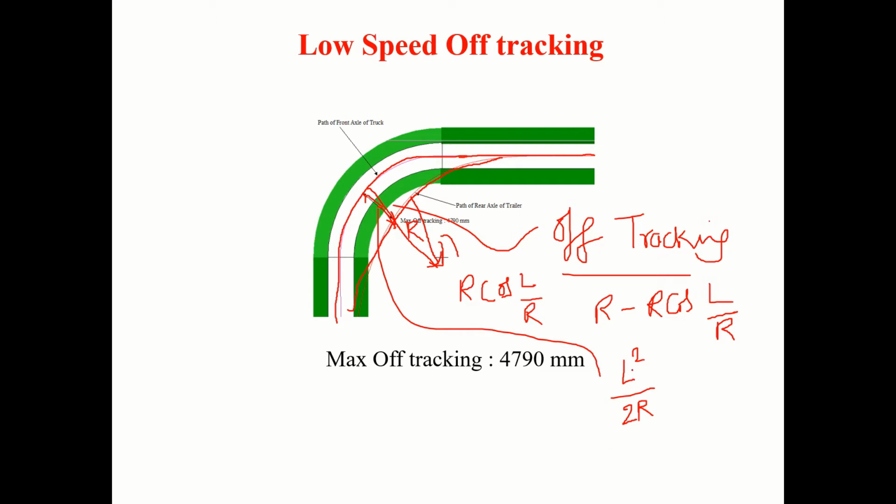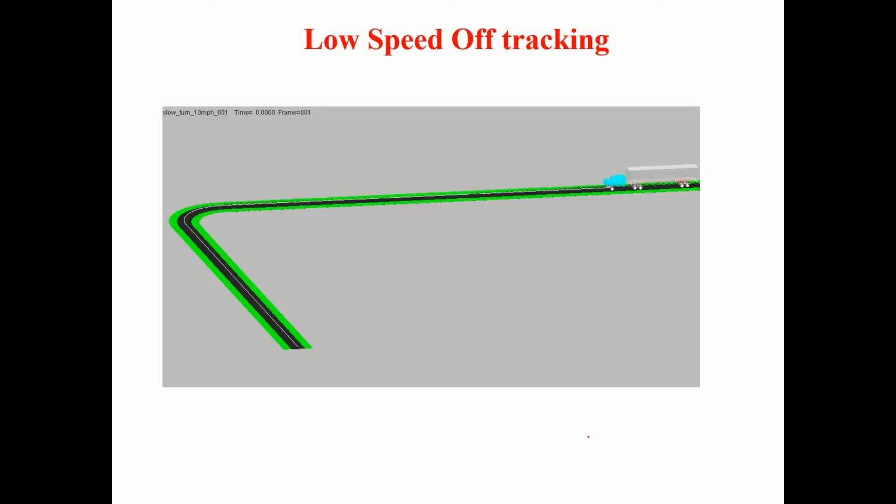That means if the wheelbase length is very large, off tracking will be very high. And moreover, if R is small, it will be a very big problem. So this is a problem that is faced with most of the long wheelbase vehicles, particularly trucks. Okay, so let us see now.